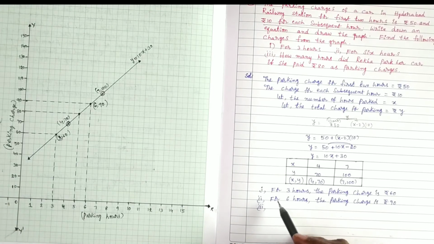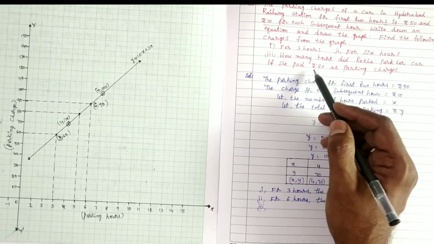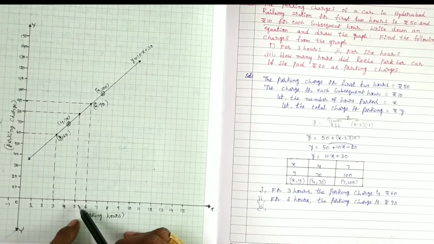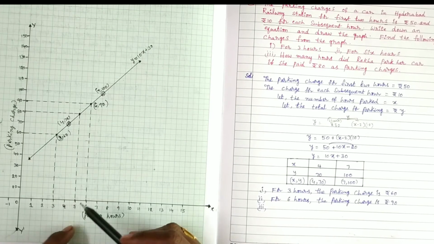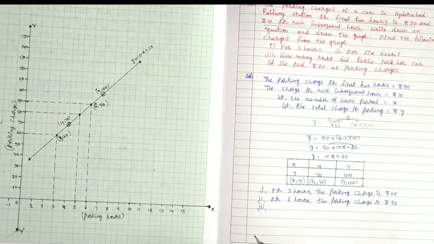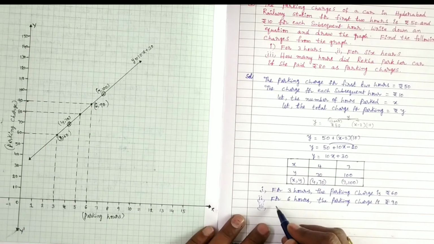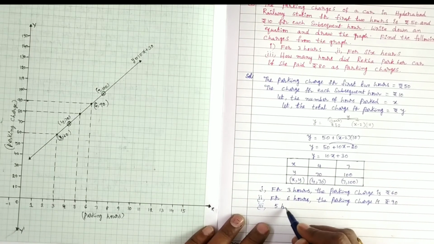So when she paid 80 rupees, the number of hours parked is 5 hours. So third answer is 5 hours.